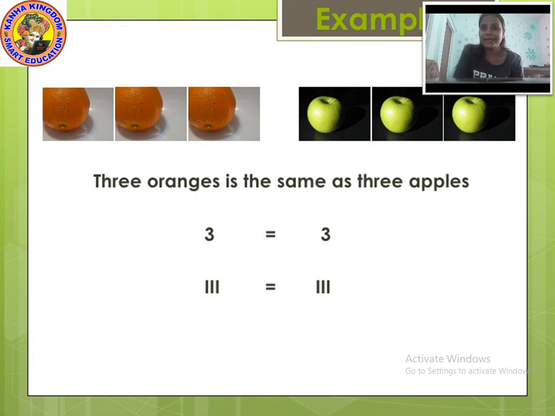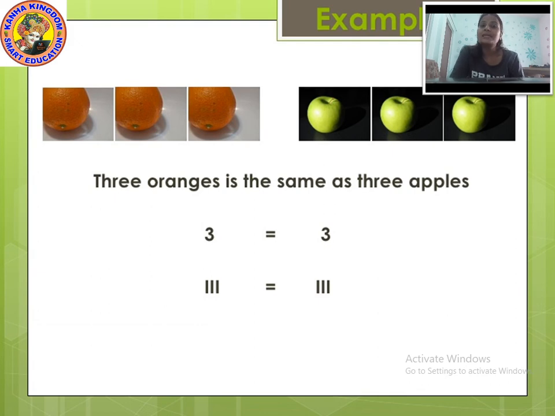Look at this slide, there are 3 oranges on the left hand side. And on the right hand side, how many apples are there? Let's count. 1, 2, 3. 3 oranges is the same as 3 apples. On the left hand side there are 3 oranges, and on the right hand side there are 3 apples, and 3 is equal to 3.